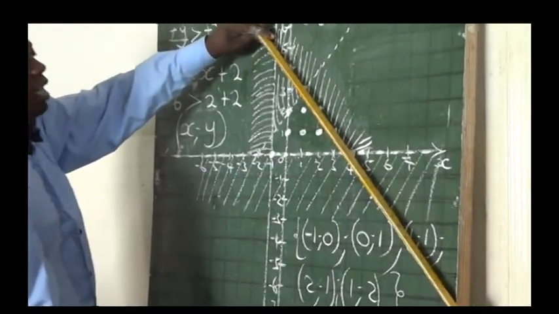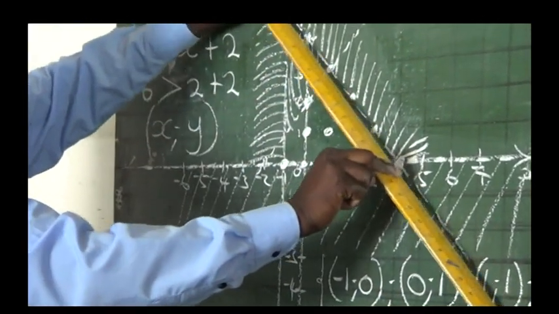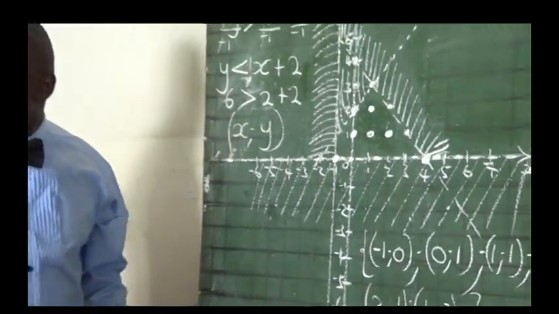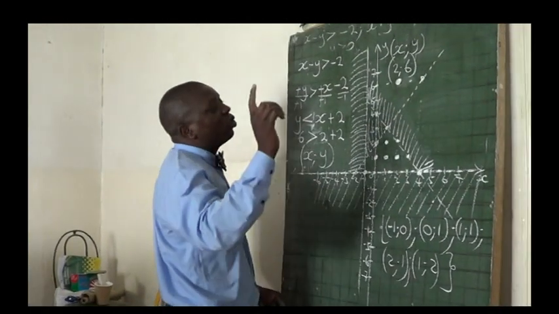So we take the point (2, 1), which means x is equal to 2 when y is equal to 1.